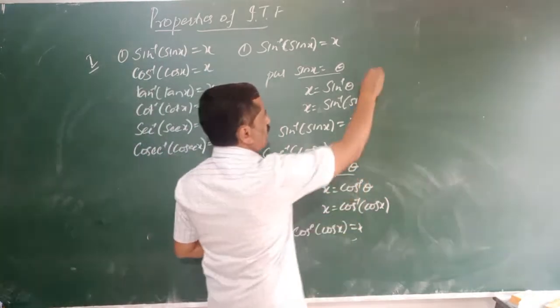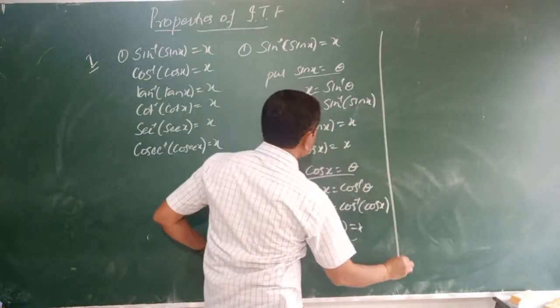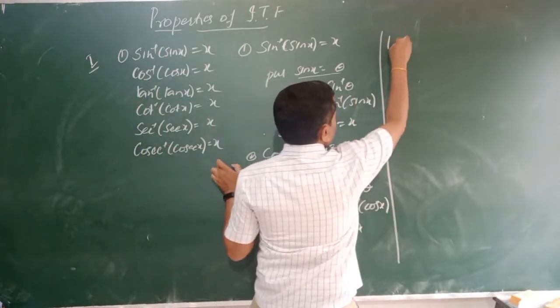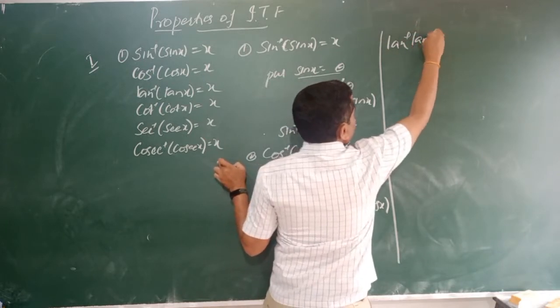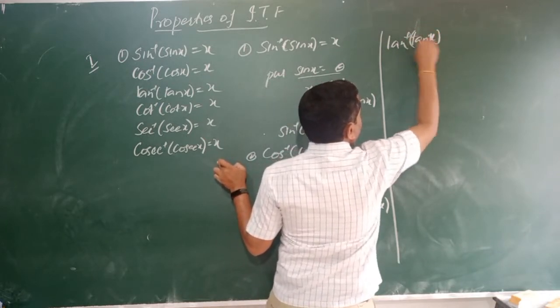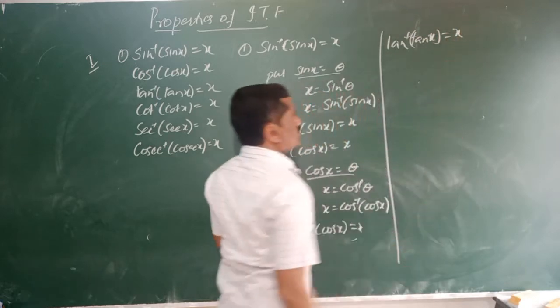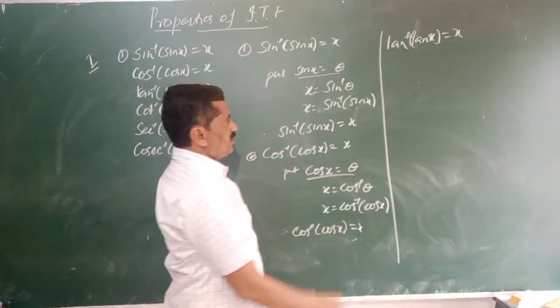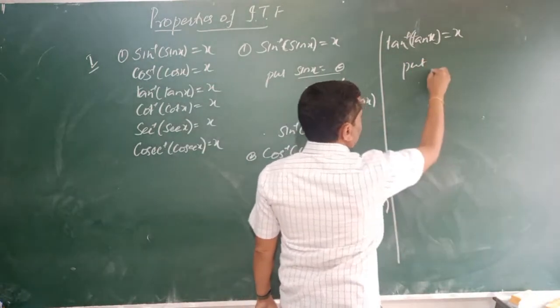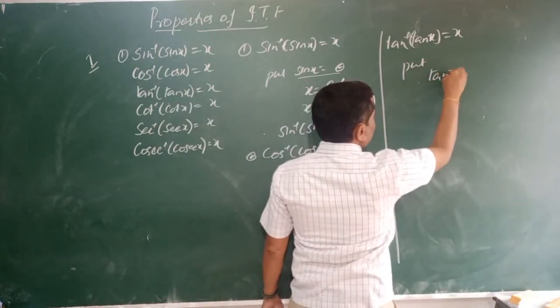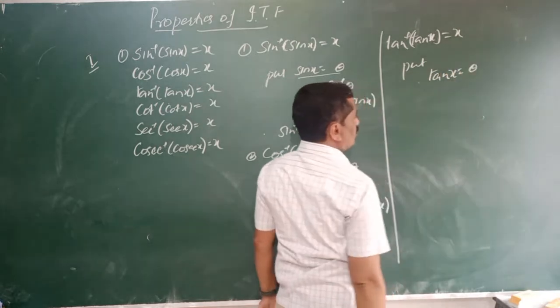Similarly, next one we have tan inverse of tan x is equal to x. Here same, put tan x is equal to theta.